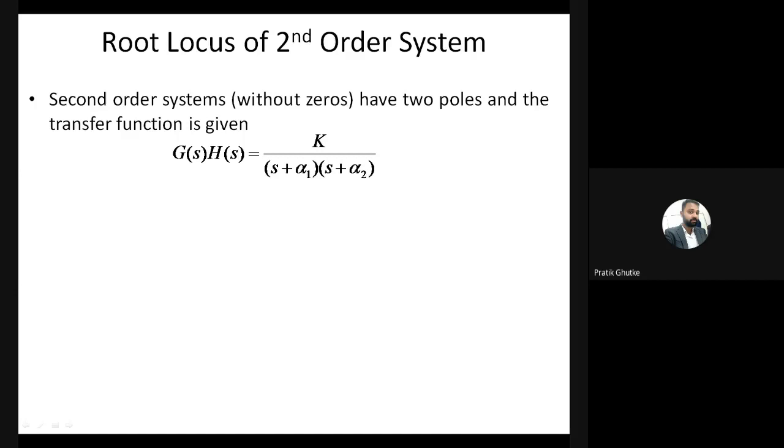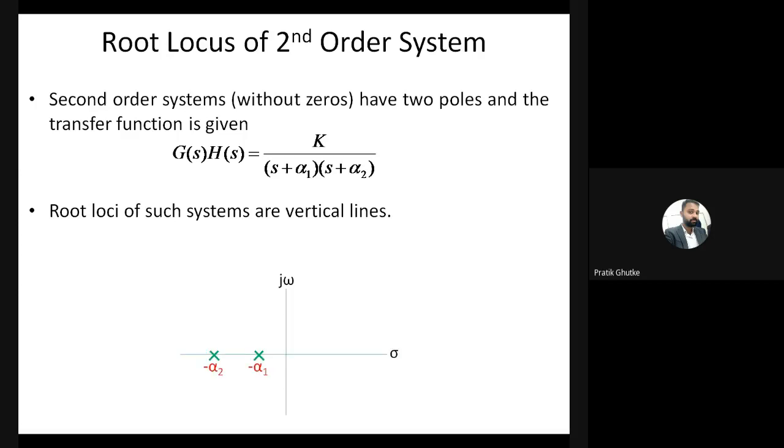In this case, there are two poles. The root locus of the system is a vertical line, in which minus alpha 1 and minus alpha 2 are your poles. So the root locus will lie between these poles and it will be in vertical form, right?